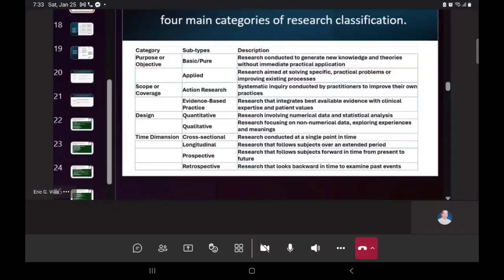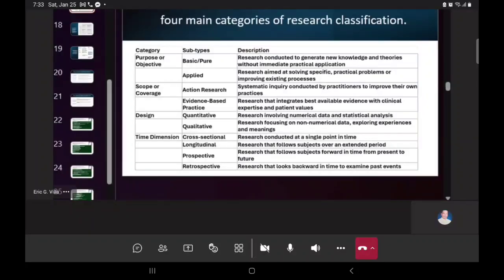While the retrospective research examines past events or conditions by looking backward in time. This approach is useful for understanding historical trends, analyzing past outcomes, and identifying potential risk factors or causes of current conditions.